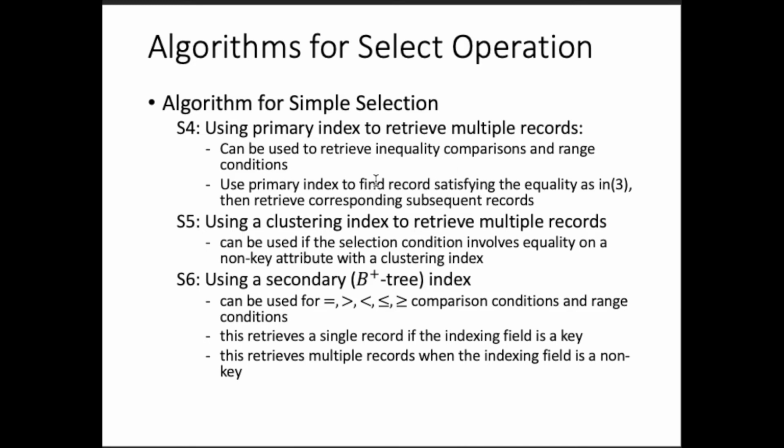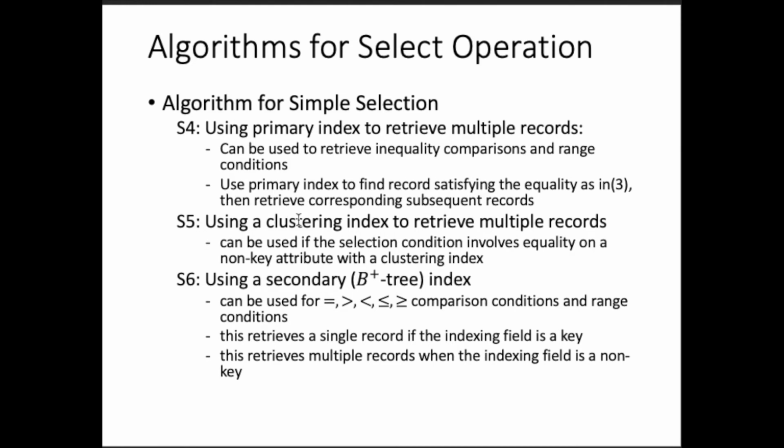These 3 remaining algorithms can retrieve multiple records and can evaluate conditions such as inequalities or range conditions, unlike yung naunang tatlong algorithms natin. S4 is equivalent to S3, which uses primary index to retrieve multiple records, so hindi na lang single record. S5 uses clustering index to retrieve multiple records.